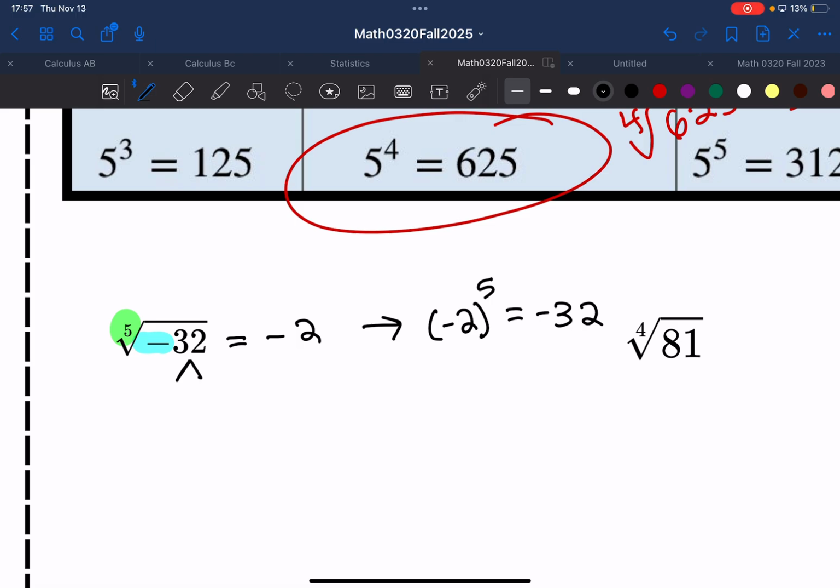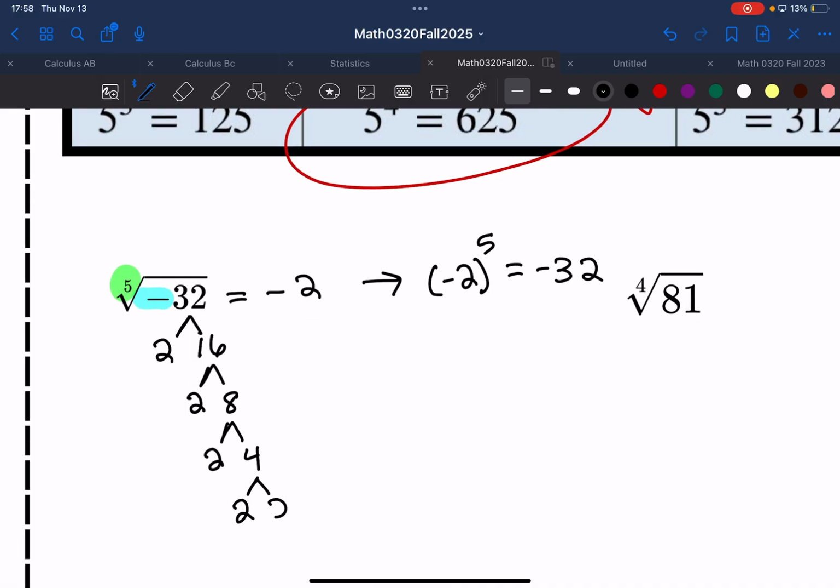Let's go ahead and do the prime factor tree starting with 2. So how many times can 2 go into 32? 16. How many times can 2 go into 16? 8. How many times can 2 go into 8? 4. How many times can 2 go into 4? 2. And we stopped because we ended with a 2. It's a prime number.